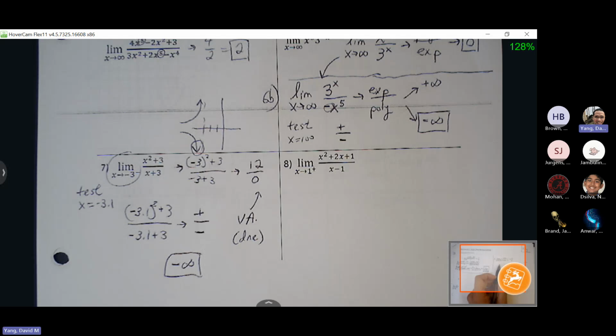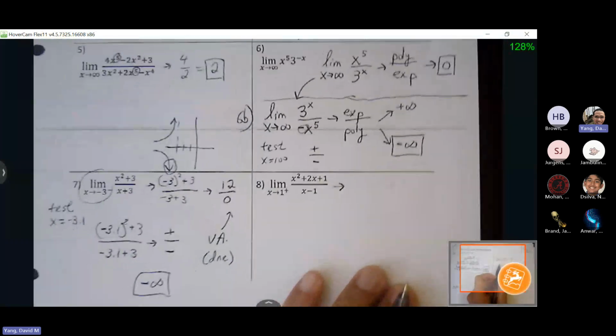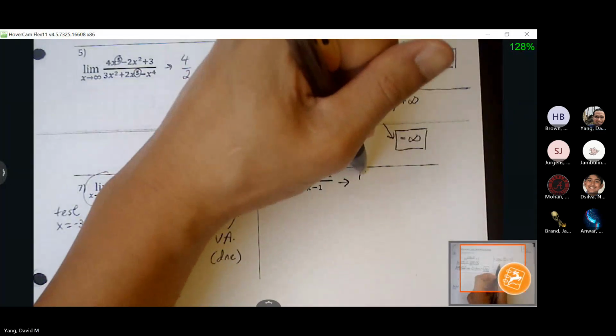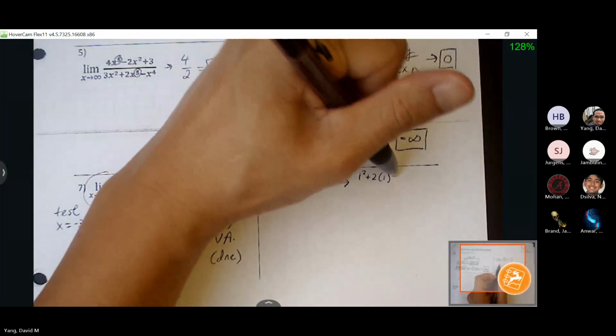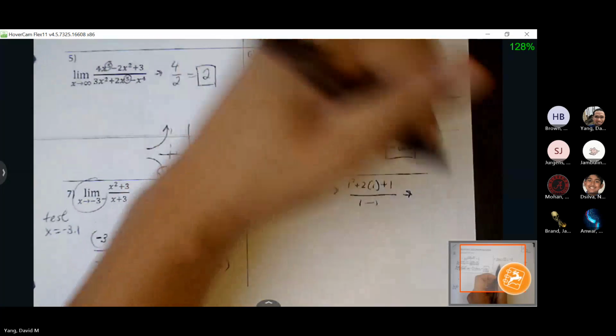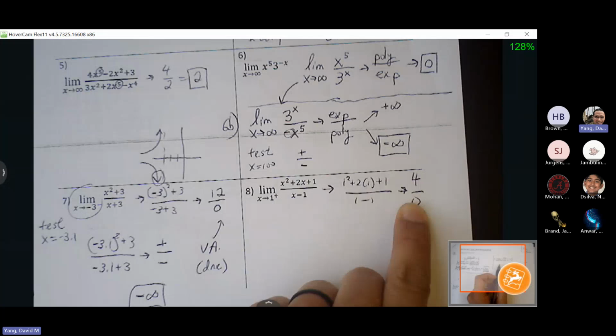Approaching 1 from the right. Let's not assume anything. I'm always looking for you to show me your initial direct substitution step. So 1 for x. Four over 0. So now that is indicating that we do have a vertical asymptote.